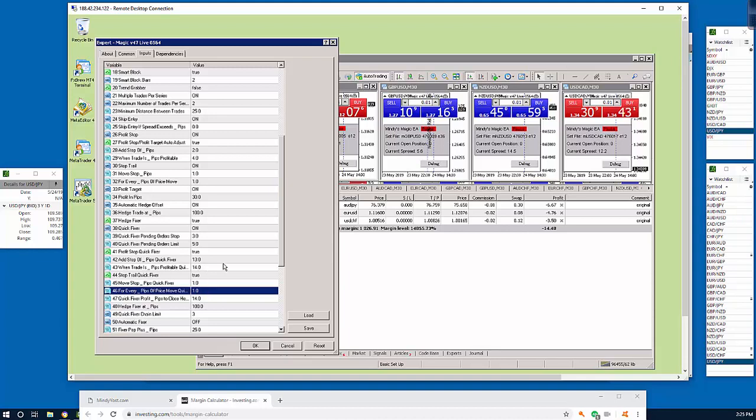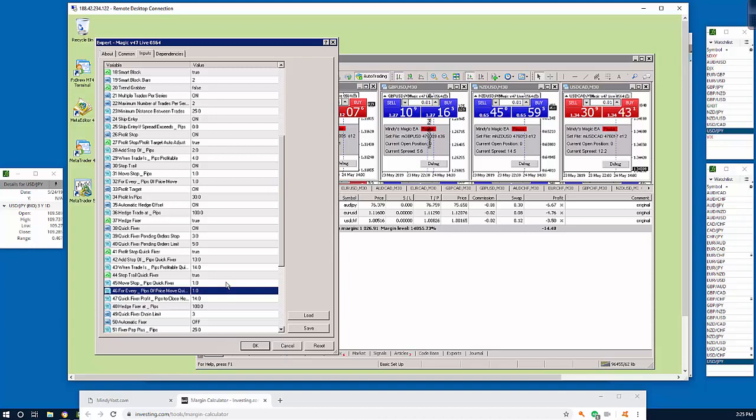And I have had situations where the quick fixer bought off the hedge and then continued to get more profitable by 100 or more pips. I've had some quick fixer trades actually close sometimes for 120, 130 pips, which is amazing when it happens because that's just like free money in your account.